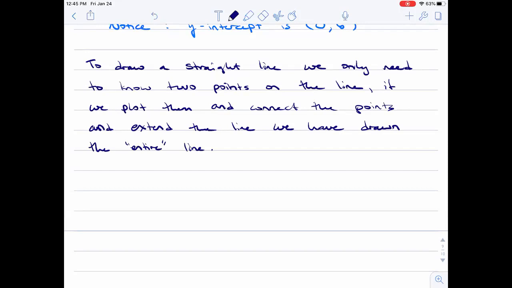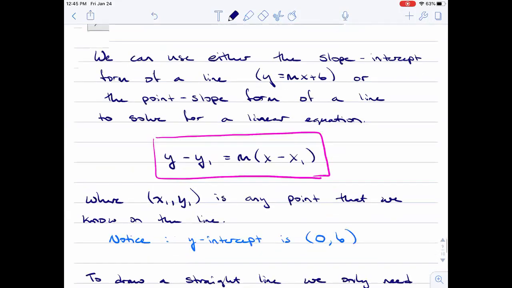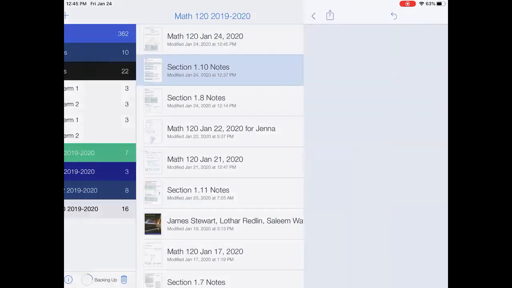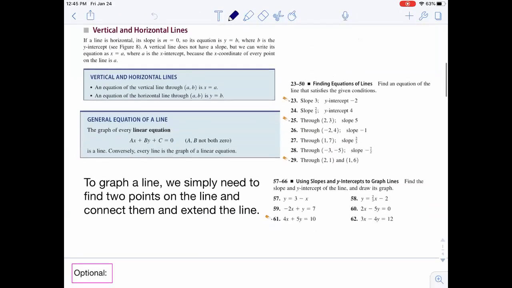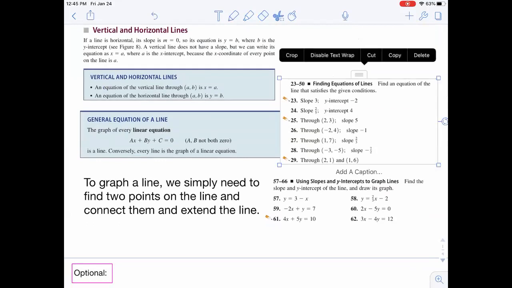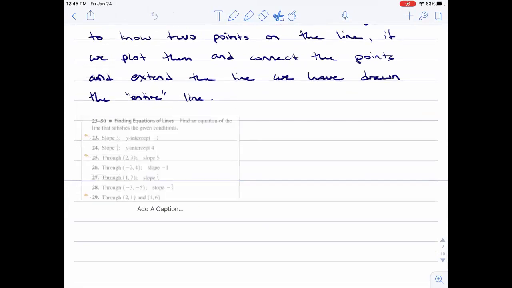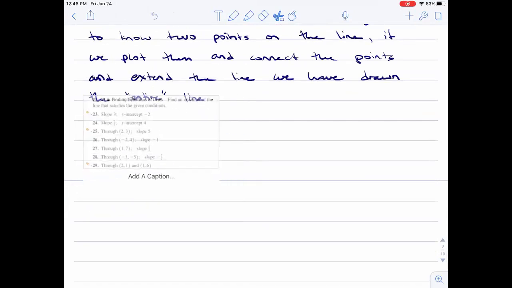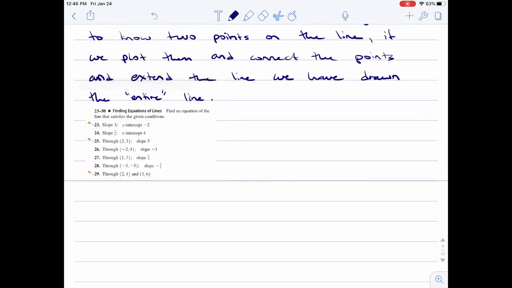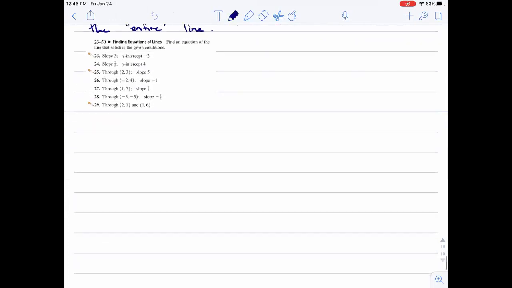How about we do example or question 28? I had to squish it, but you guys have it. So 28 says that it has to go through the point -3, -5, and the slope is -7/2.